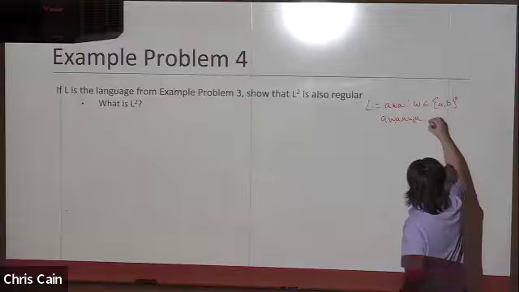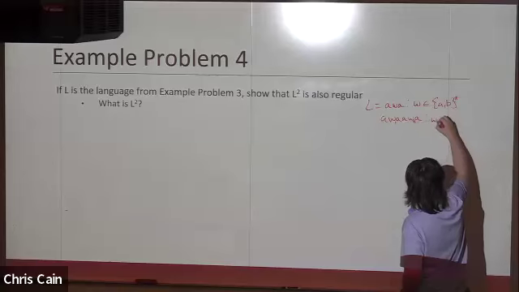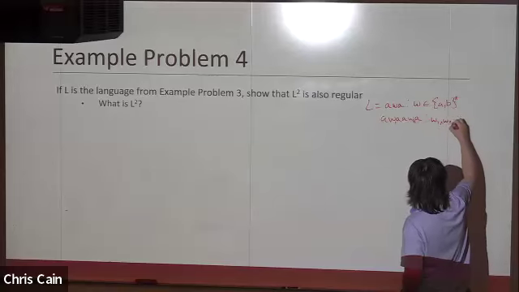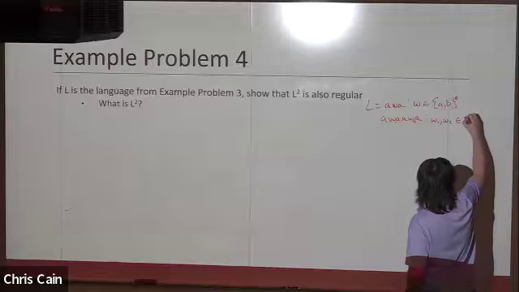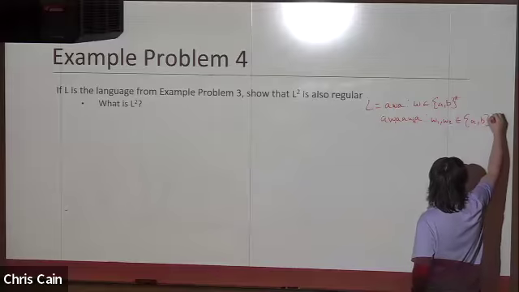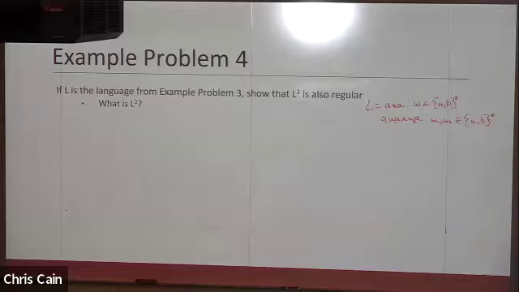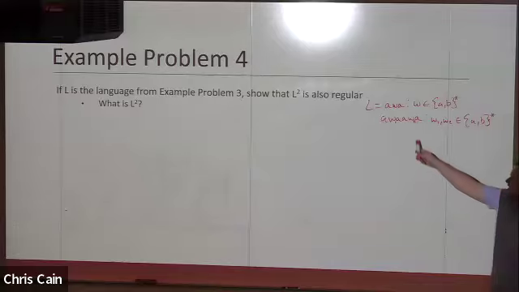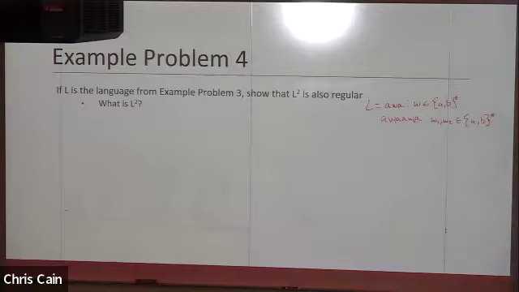So now we would say such that W1 and W2 are both members of AB star. All right, now go ahead and see if you can find a DFA for this language.